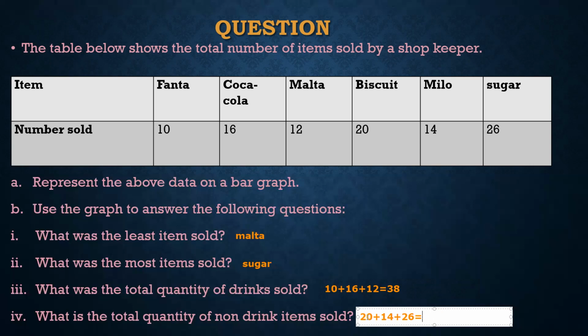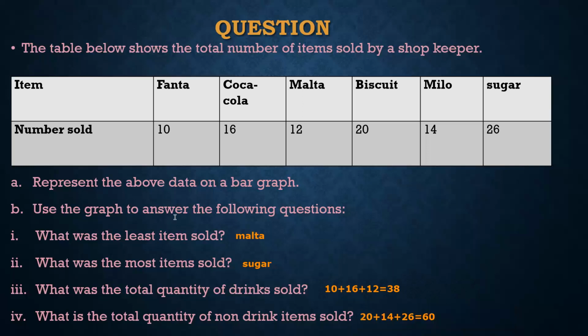When you add them, you get 60. The 4 plus the 6 gives you 10. Remember 1, and then you add it to the 2, 3, 4 plus 2, that is 60.